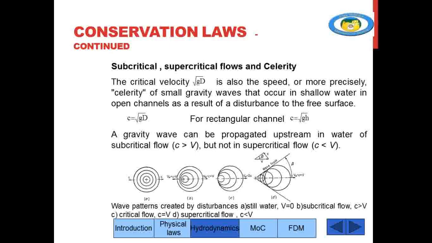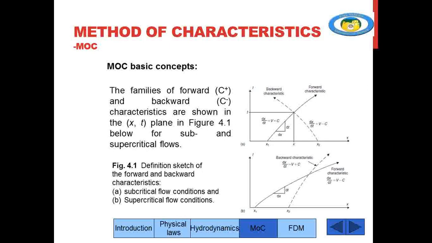Now you can see here, in case of subcritical flow, from the figure, the characteristic flow directions, both from upstream and downstream, would influence a given point.